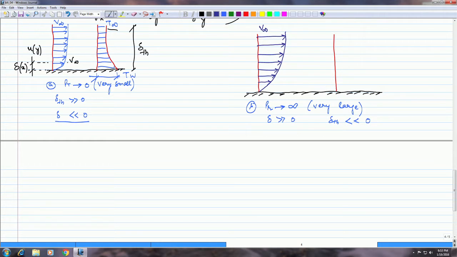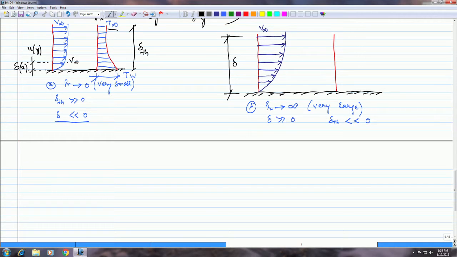Okay, it reaches there the first time. So here, this is the height of the fluid which is required for the velocity to go from 0 to V infinity. So therefore, this is the height of the velocity boundary layer.